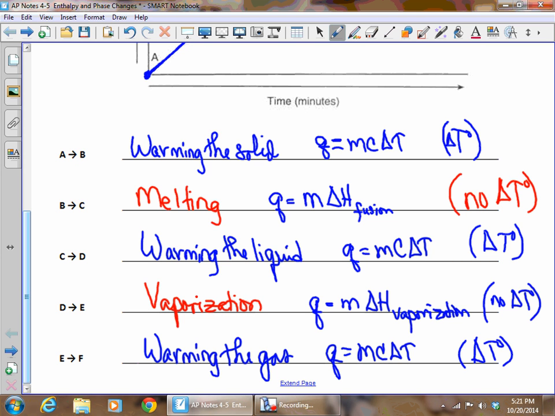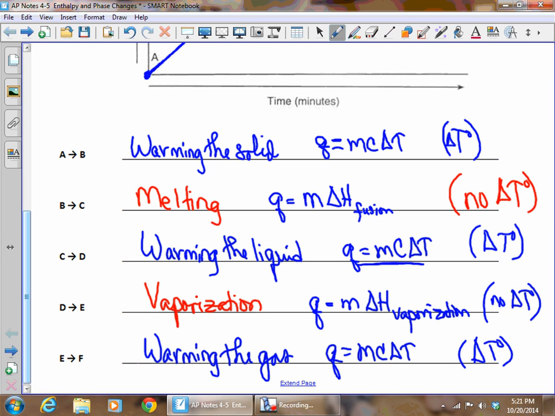Now, the challenge when we're trying to determine the amount of heat involved in a process is to determine how many of these stages are involved. For instance, if all we're doing is warming the liquid, then all we're going to need is Q equals MCΔT. But what if we're warming the liquid and then vaporizing it?